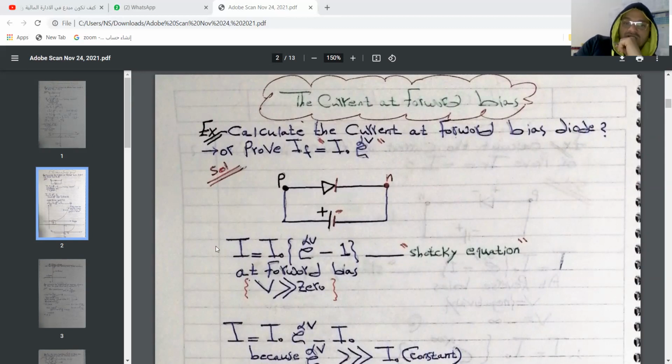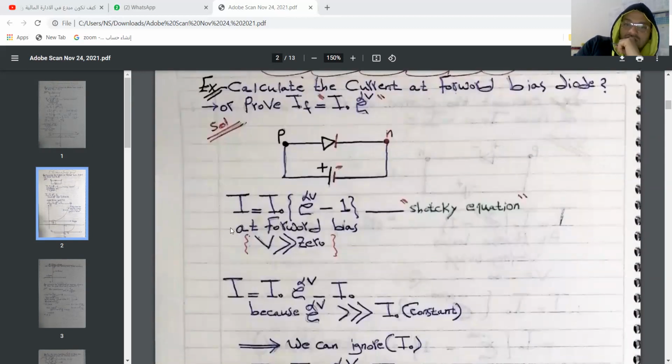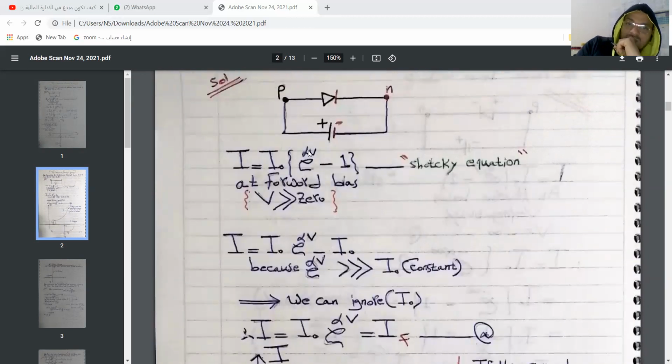From Schottky equation, I equal saturation current exponential alpha V minus 1 at forward bias, V to equal very big amount, but positively. That's mean exponential alpha V very big.